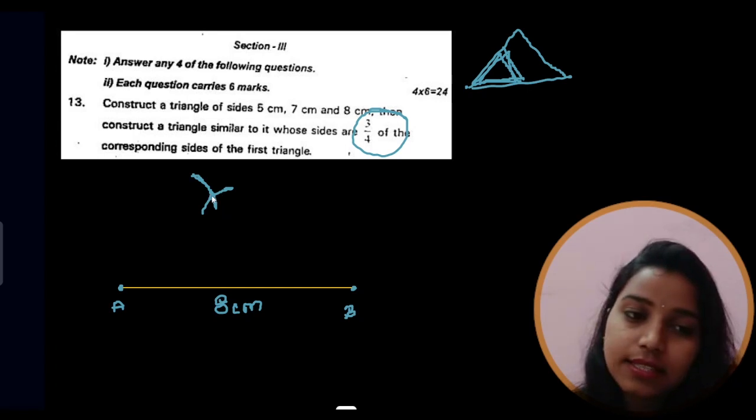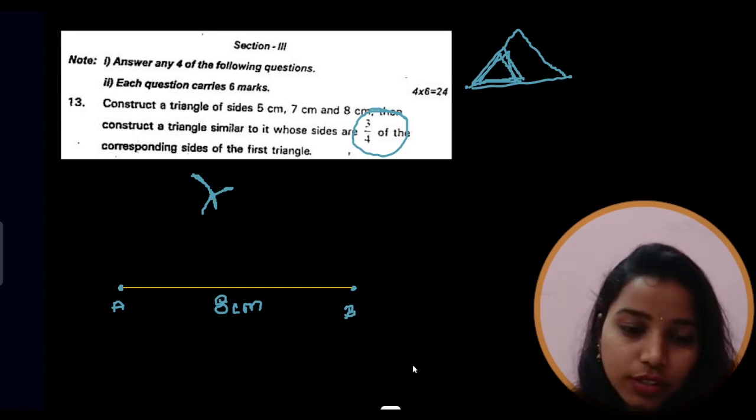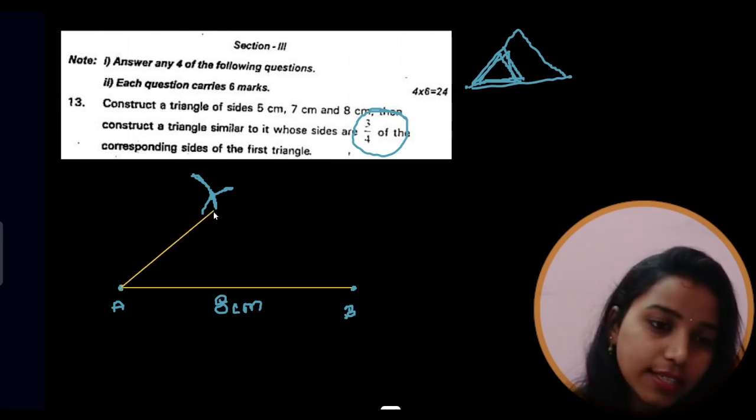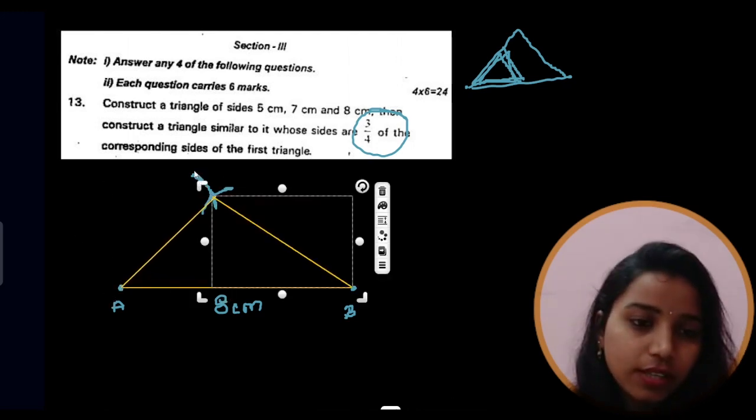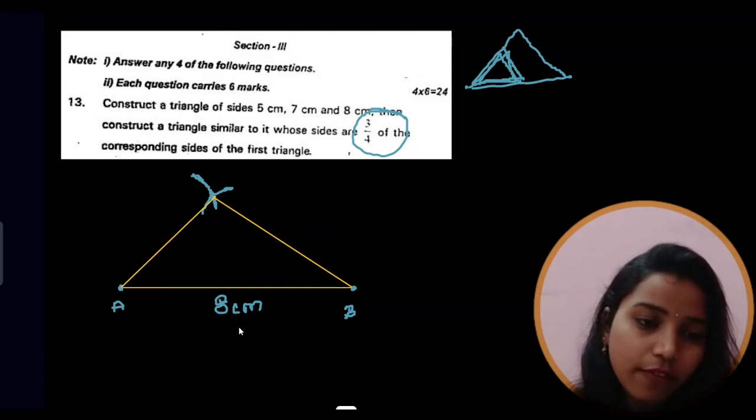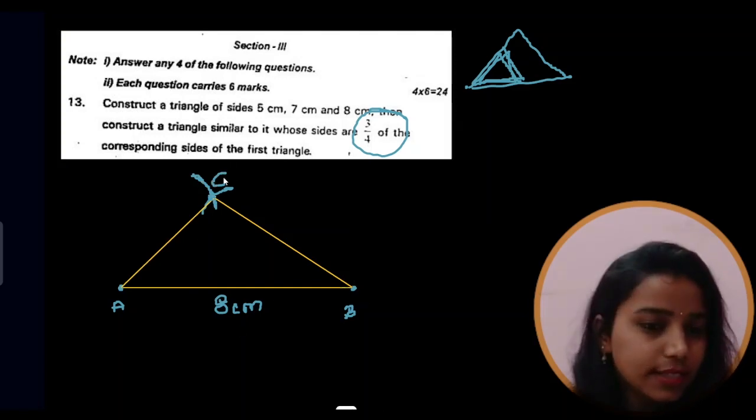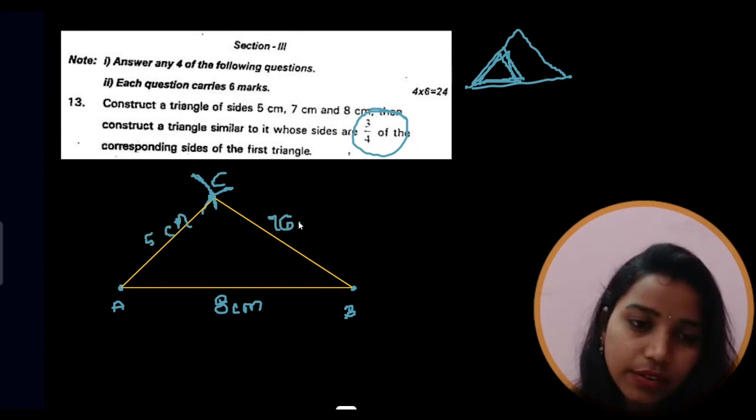Then you'll get an intersection of these 2 arcs, right? So then you will get these 2 sides. Okay, got it? Now firstly you have got one triangle. Okay, first triangle, let's say it is C, and this is 5 centimeter and this is 7 centimeter, right? Now till here everyone can do.